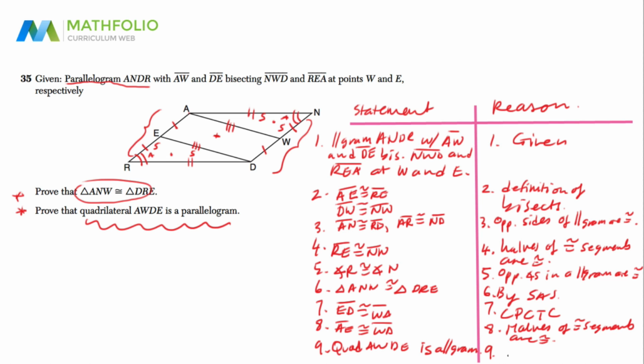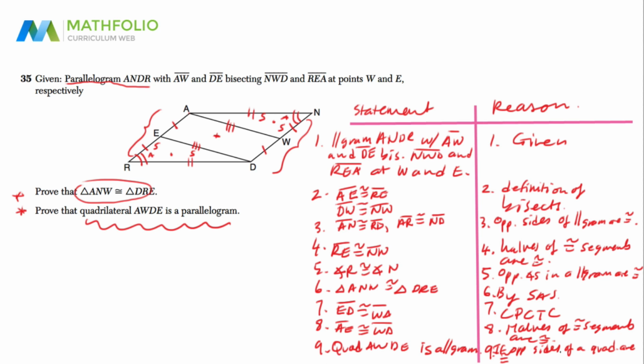And so we can say if opposite sides of a quadrilateral are congruent, so AE and DW, and also ED and AW.